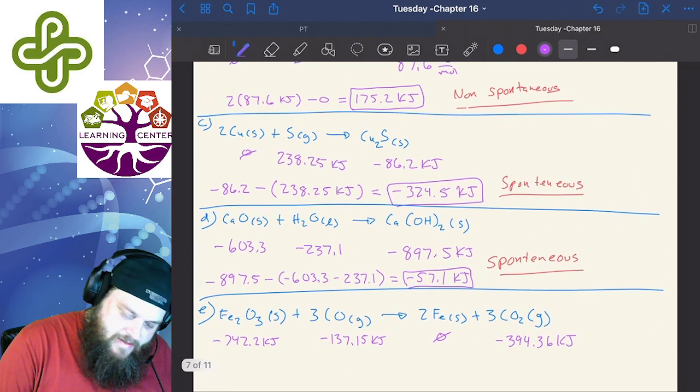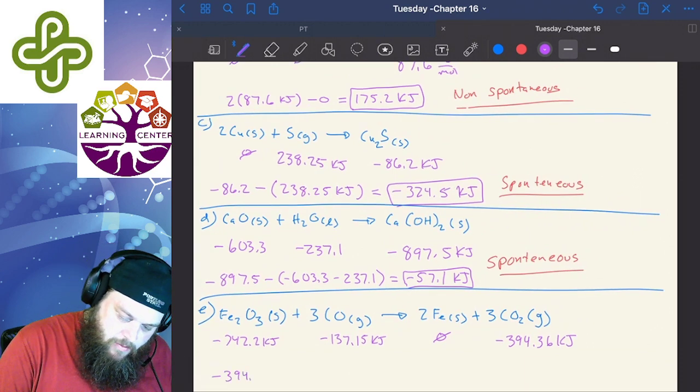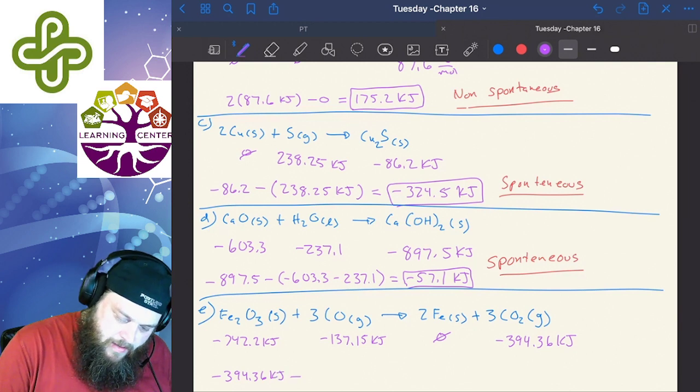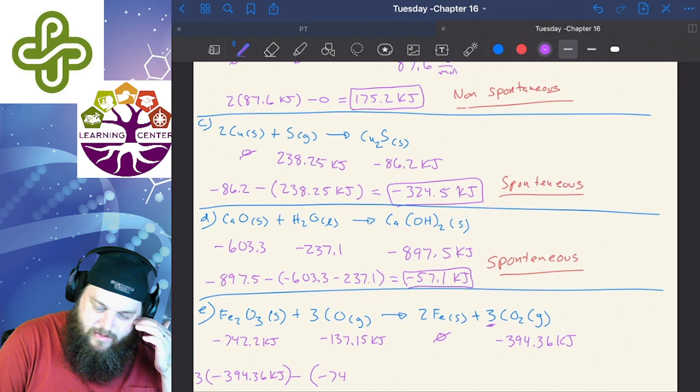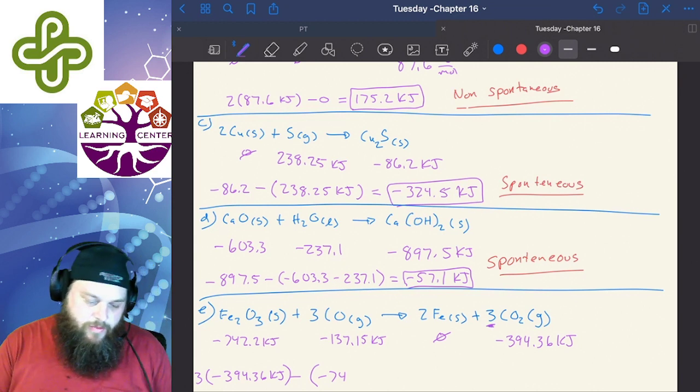So just writing this out real quick, that's negative 394.36 kilojoules minus negative 742.2. Oh, I should put a 3 because I need to multiply that value by 3, because we have a stoichiometric coefficient of 3.